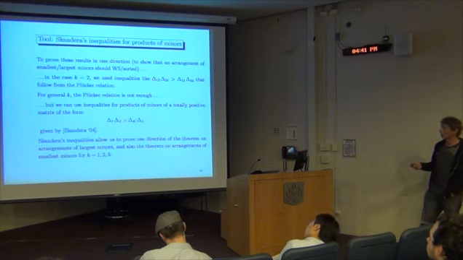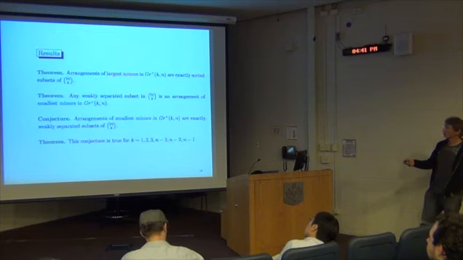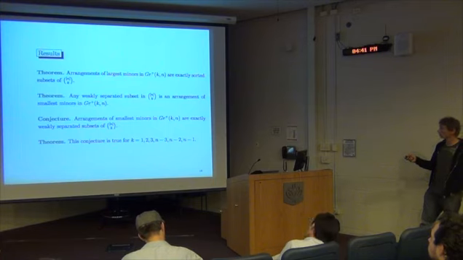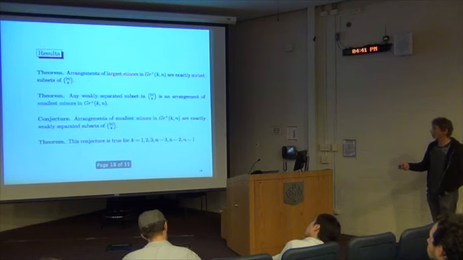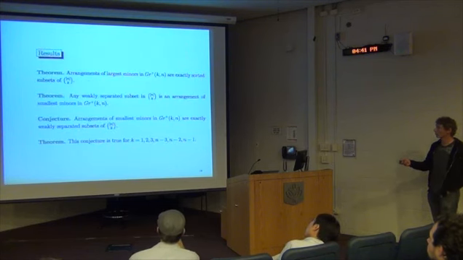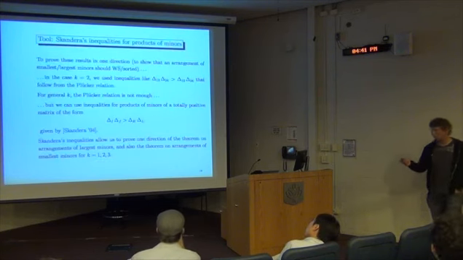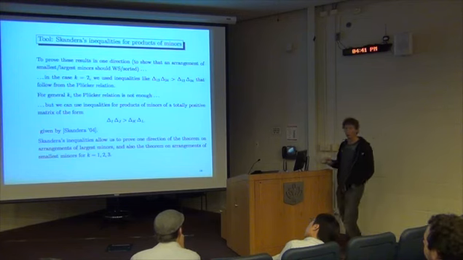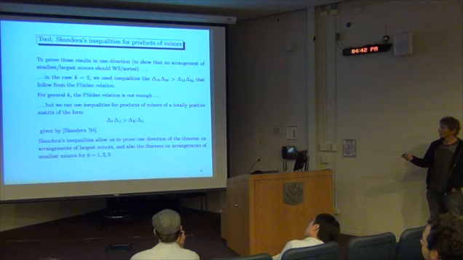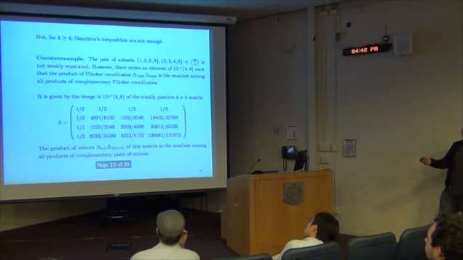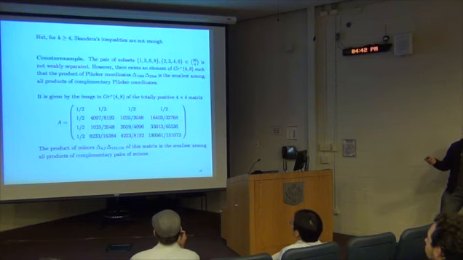I'm not going to write them down, but we can use these inequalities to prove the first theorem in one direction, to show that the sorted condition is necessary. And we can also prove the second theorem in the same direction, but not for any k, only for k equals 1, 2, and 3, or n minus 1, n minus 2, n minus 3. But somehow for k greater than that, Skandera's inequalities are not enough.